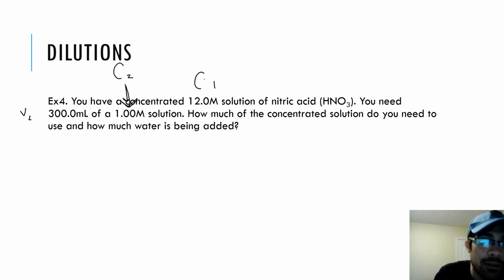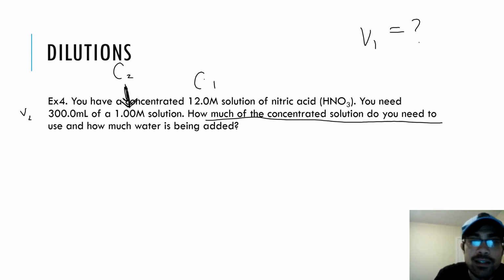That means V1 is unknown. It says, how much of this concentrated solution do you need? And there's one extra thing here: how much water is being added. Let's do the first part first. How much concentrated solution do you need? What is V1? That part is easy enough.